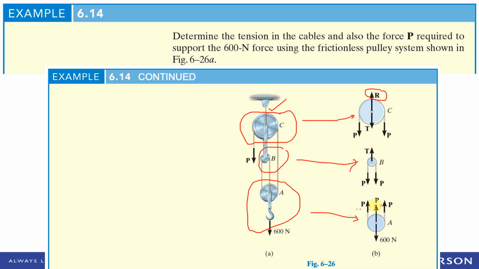P and P, tension in the cords. P, tension in the cords, 600 newtons. So we can see that P has to equal 200 newtons instantly. T is 400 newtons.